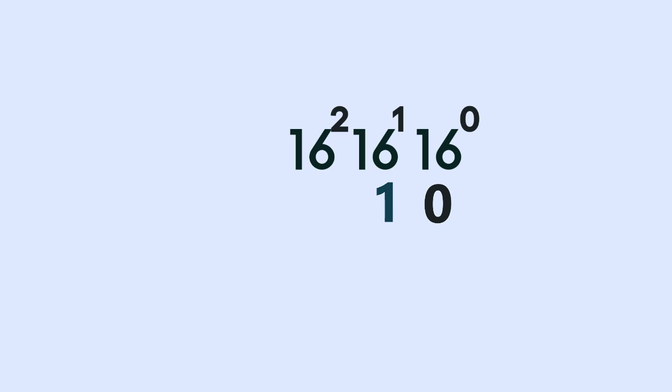From there, 16 will be 10, 17 will be 11, 18 will be 12, 19 will be 13, and we'll go round again till we get to 32, which is 2 0.